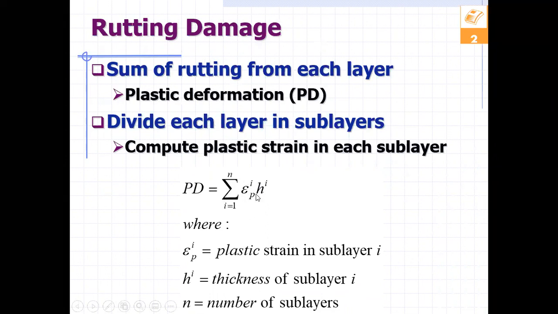So you have to do it for the different layers that you have in your asphalt. Sometimes we have two. That's the most common case. We have the asphalt base and the asphalt layer. But if you have granular, you will have to add the granular layers as well in here, base and sub-base.